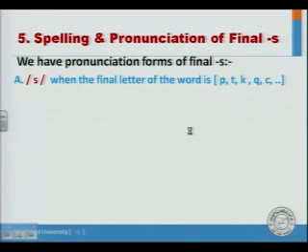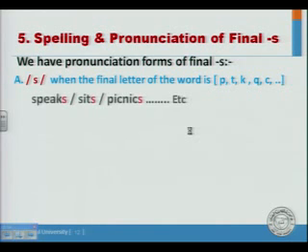Here are some examples: speaks, sits, picnics. You see the pronunciation? This is what you should focus on.